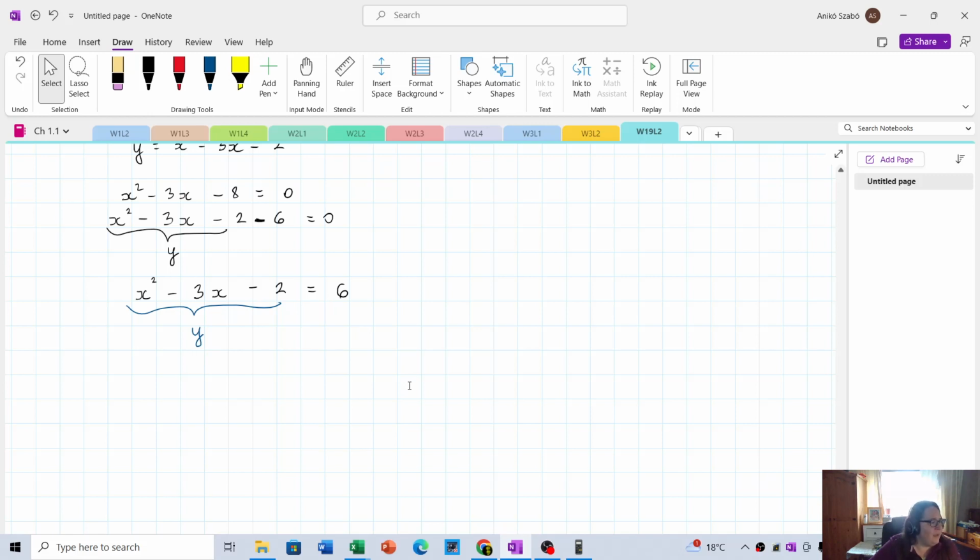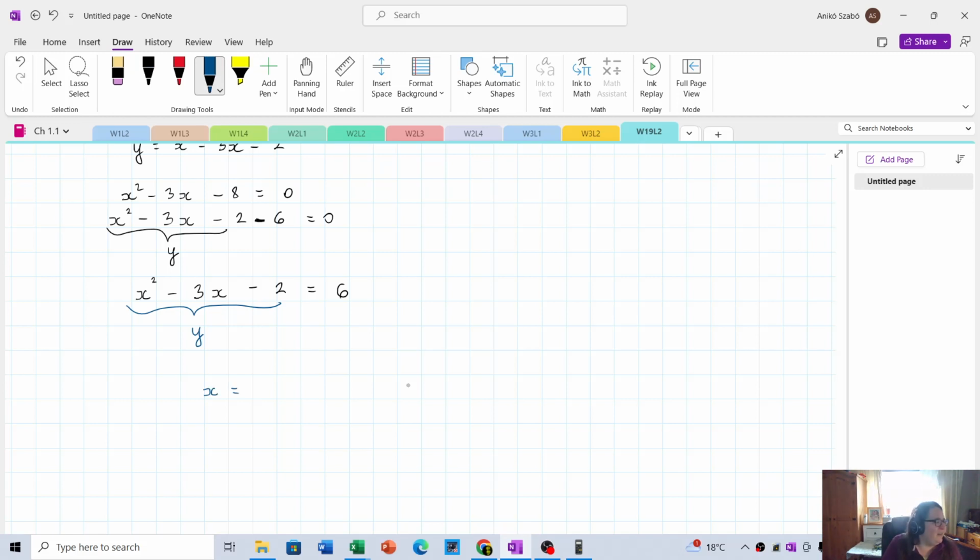Have a look at the book. You can see that they drew a horizontal line, the line y equals 6. Wherever it crosses the parabola, they went down and found the x coordinates of those 2 points.